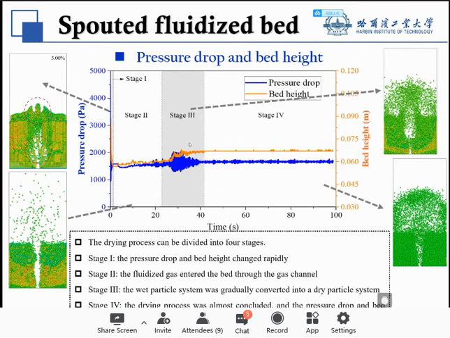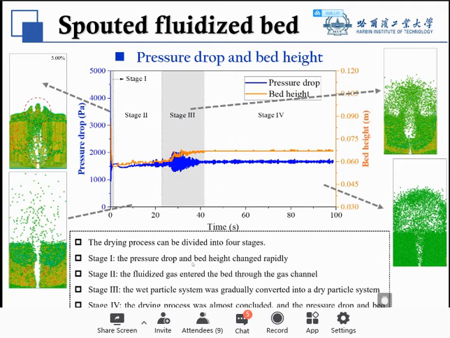And in the final part, when the particle system is converted to the dry particle system completely, we found that the pressure drop and bed height varied smoothly around a constant value with a specific frequency.